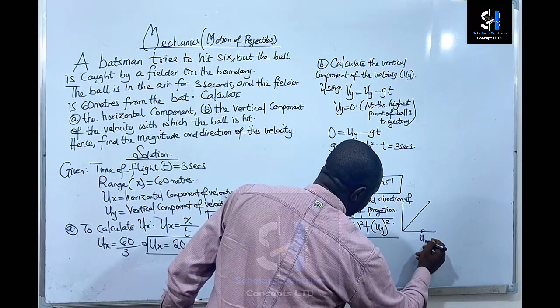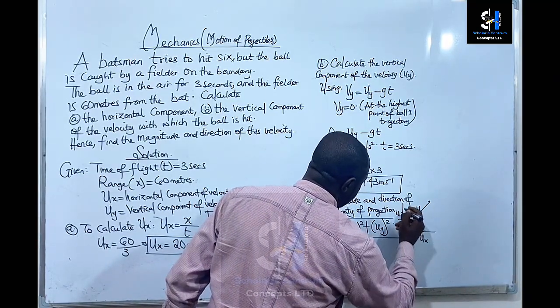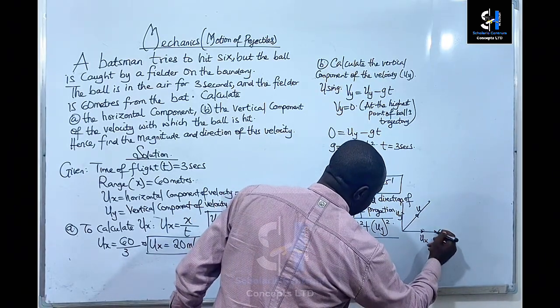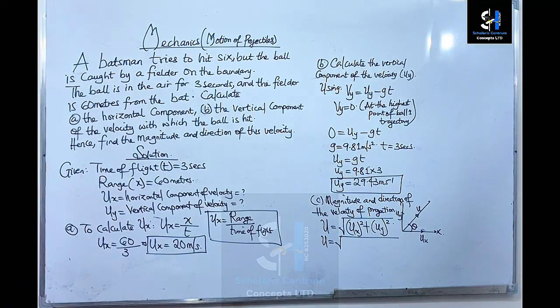So we have ux and this is uy. This is the y-axis, this is the x-axis, and this angle represents the direction of the velocity.